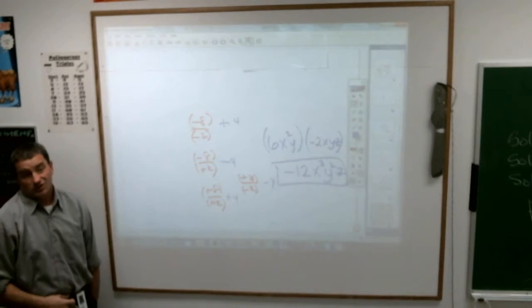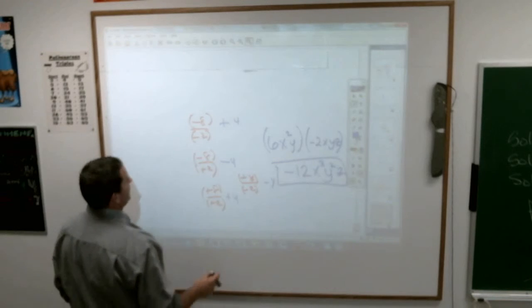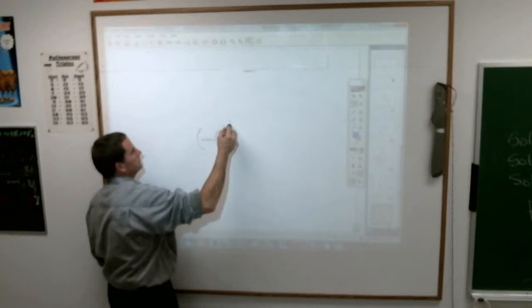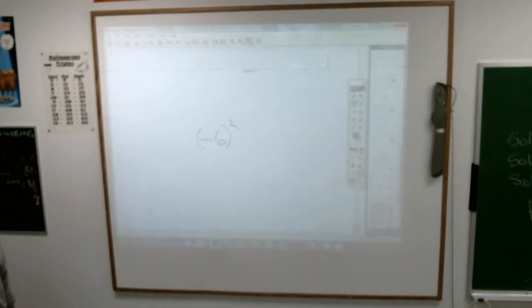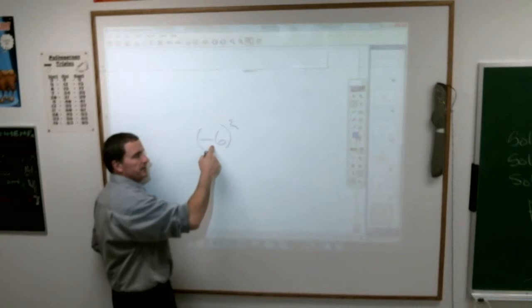Multiplication is all the same, it's just the signs that you worry about. How about this? What do you suppose the answer to that would be? Well, what does the squared sign mean? It means that you multiply this by itself.